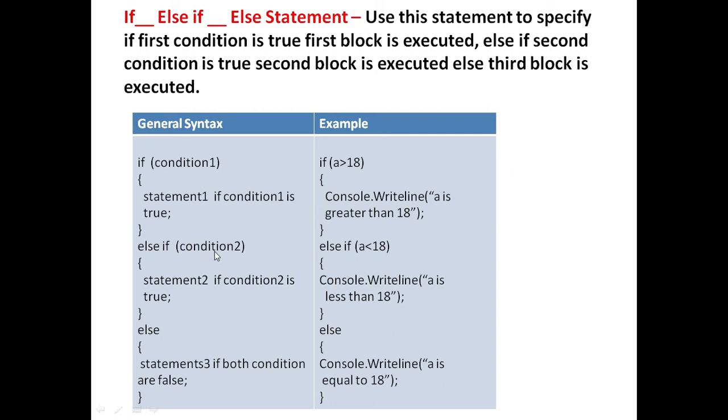Else, if condition 2 is true, statement 2 is executed. Else, statement 3 is executed. Here in this example, if a is greater than 18, it will print "a is greater than 18". Else, if a is less than 18, it will print "a is less than 18". And if both conditions are false, it will print "a is equal to 18".